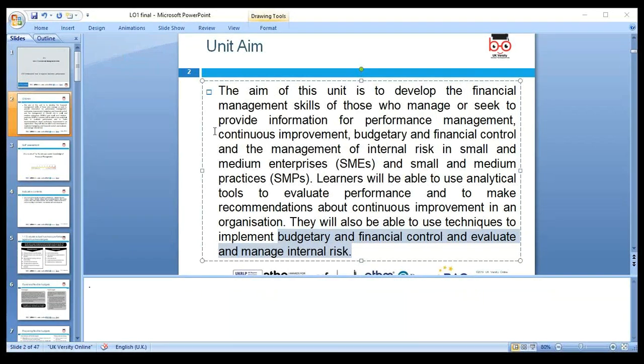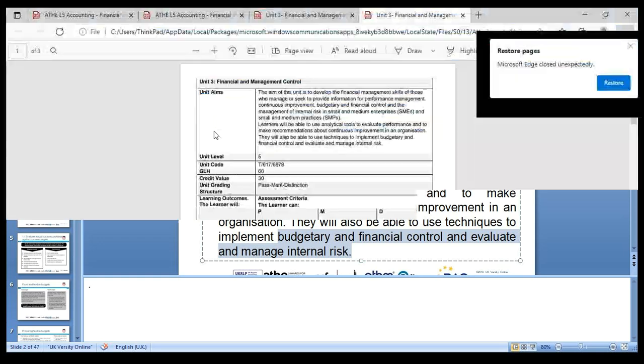Okay, so it will open. Okay, so you can see now.